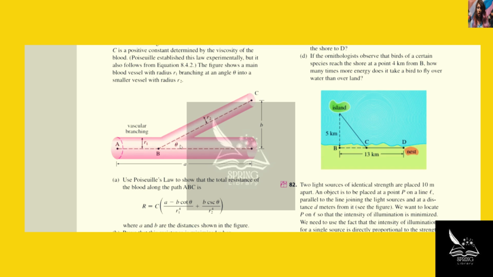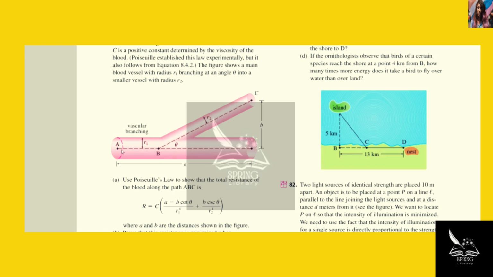For part A, Poiseuille's law is R is equal to C times L over R to the power of 4. So now let's look at this graph.